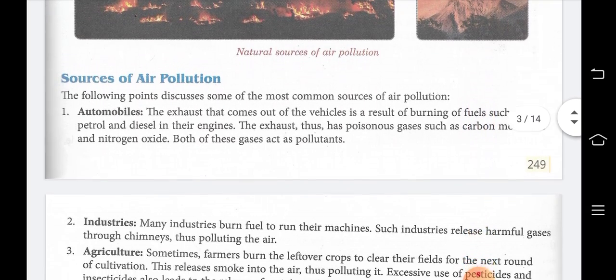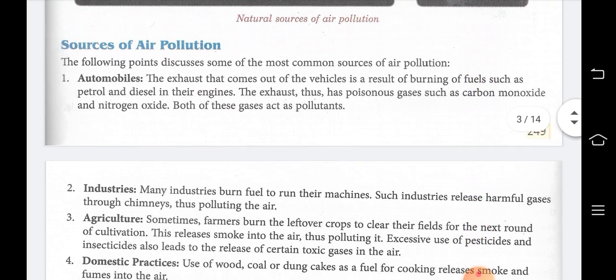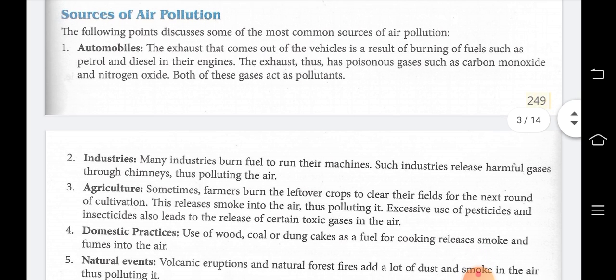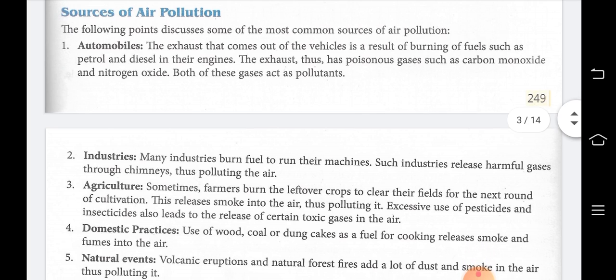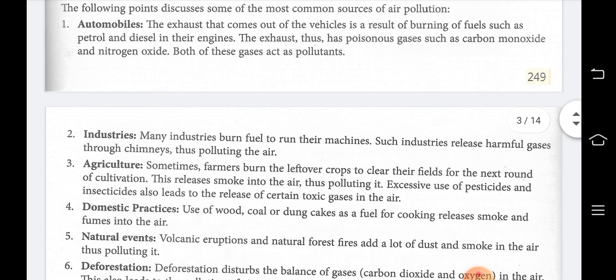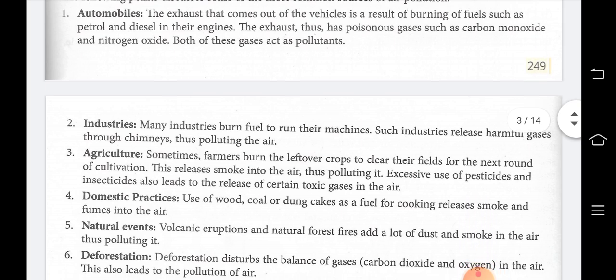So, sources of air pollution. First is automobiles, the vehicles: any vehicle, motorbike, scooty, car, truck, bus, all these release harmful substances, the poisonous gases such as carbon monoxide, carbon dioxide, nitrogen oxides in the atmosphere and cause pollution.